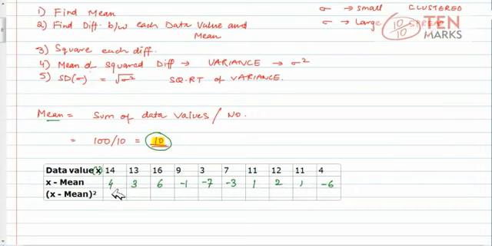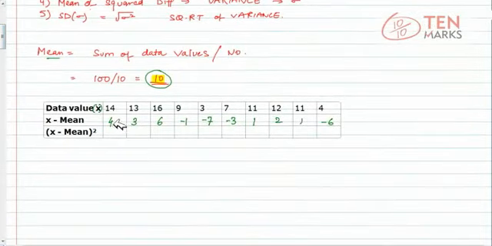Now I'm going to square all of these differences in the next row. 4 squared is 16. 3 squared is 9. 6 squared is 36. Negative 1 squared is 1. Negative 7 squared is 49. Negative 3 squared is 9. 1 squared is 1. 2 squared is 4. 1 squared is 1. And negative 6 squared is 36.